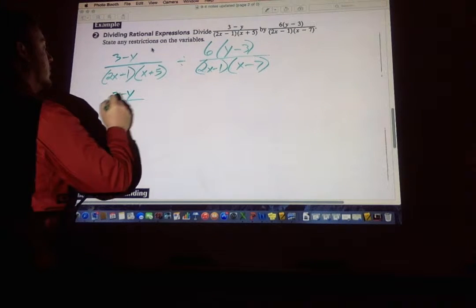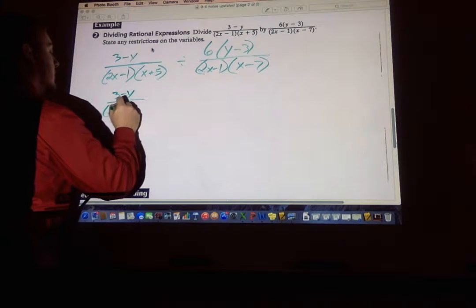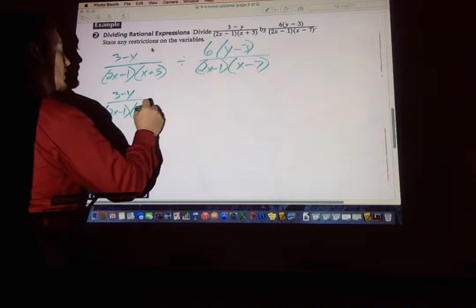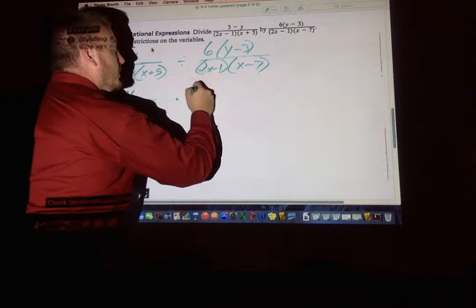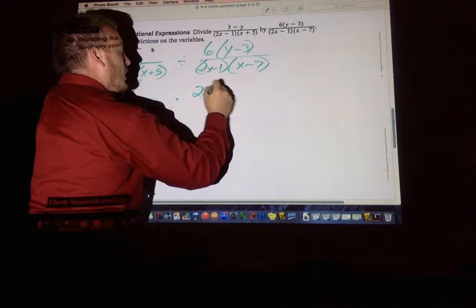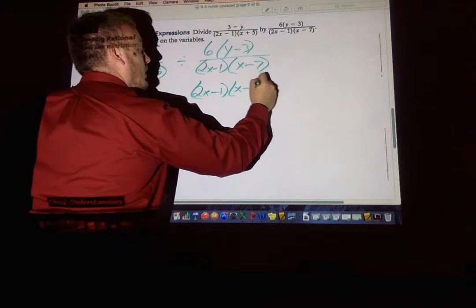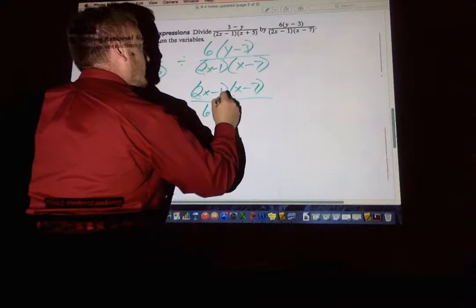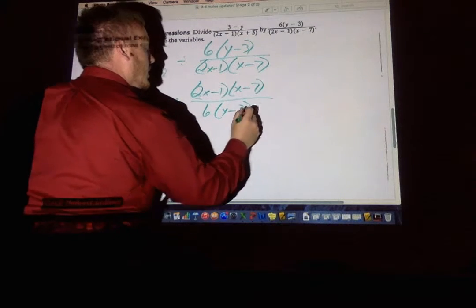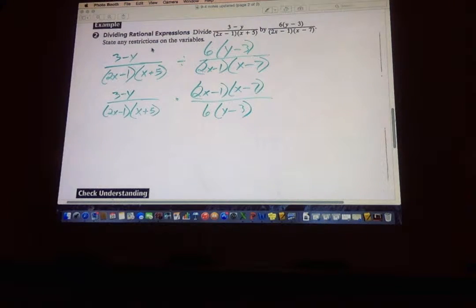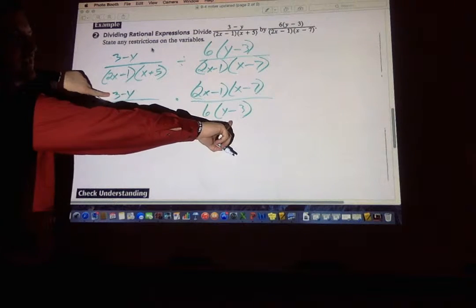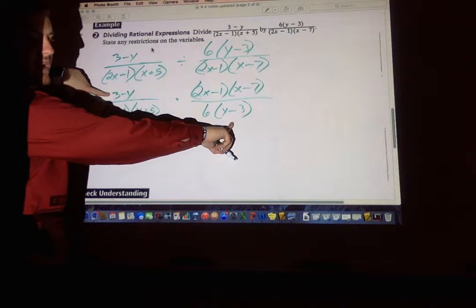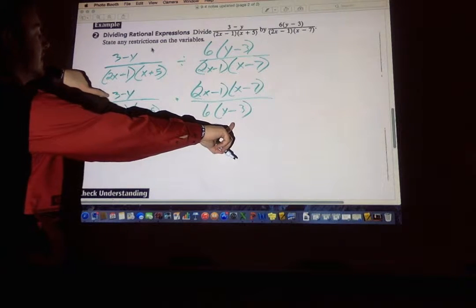3 minus y over 2x minus 1 times x plus 5, times, now we're going to flip the numerator and denominator, all over 6y minus 3. Okay, now go through, simplify things. I notice these right away. They're opposites, but they have a negative in them. So I'm going to take the negative out of up here.